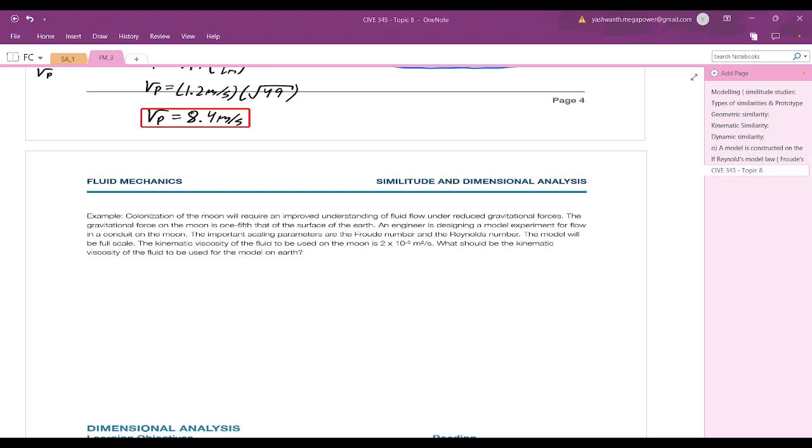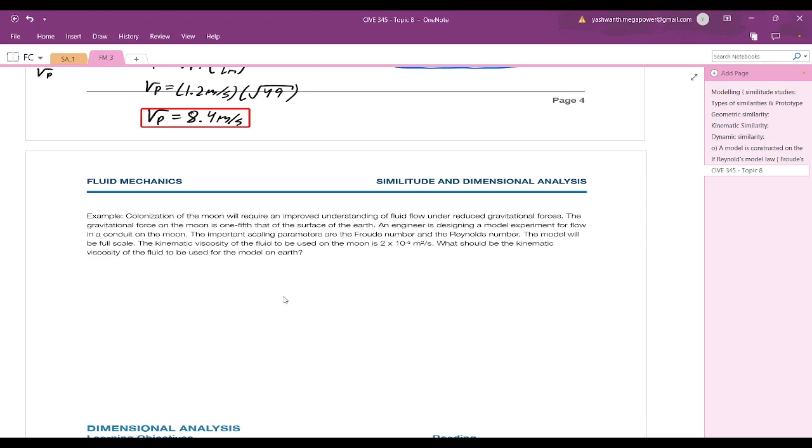Okay, this question you want. Colonization of moon will require an improved understanding of fluid flow under reduced gravitational forces. The gravitational force on the moon is one-fifth that of the surface of the earth. An engineer is designing a model experiment for flow in a conduit of the moon.